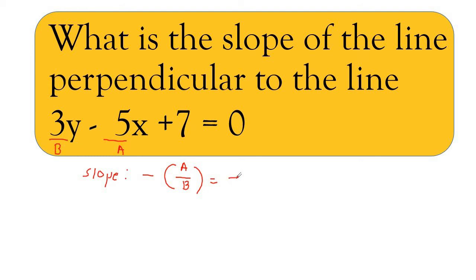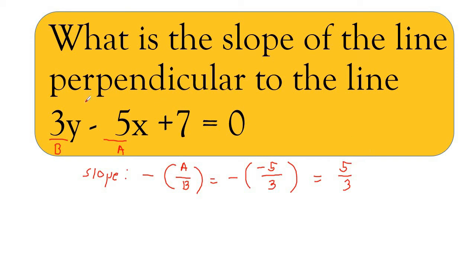So replacing that to our given equation, we have negative times negative 5 over 3. Simplifying this, negative times negative 5 over 3, so this is 5 over 3. This is the slope of the line 3y minus 5x plus 7 is equal to 0.